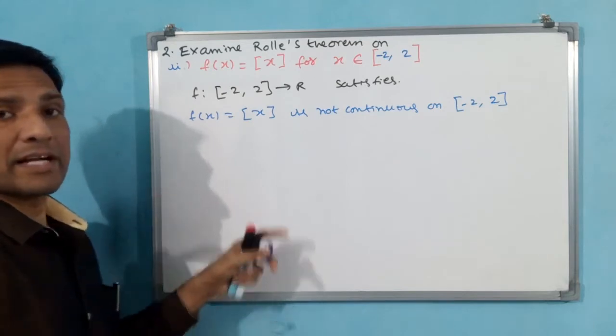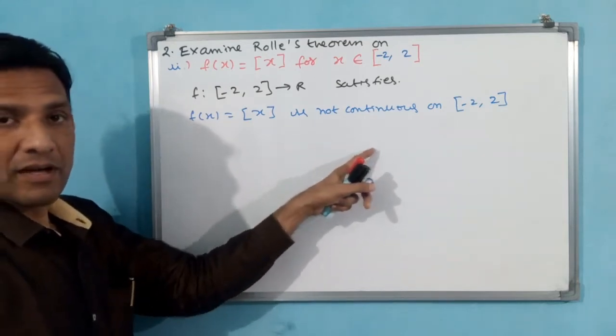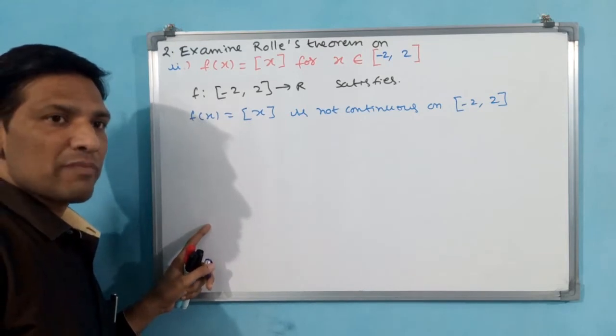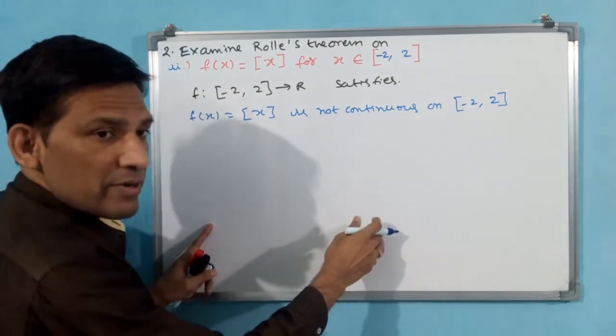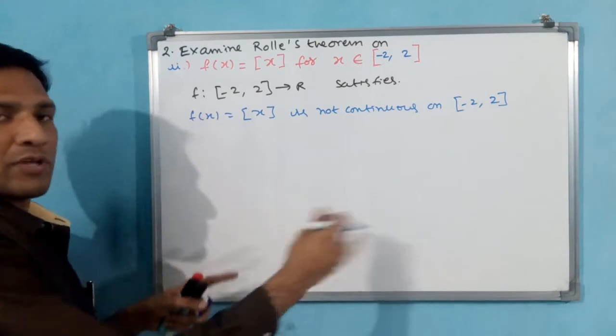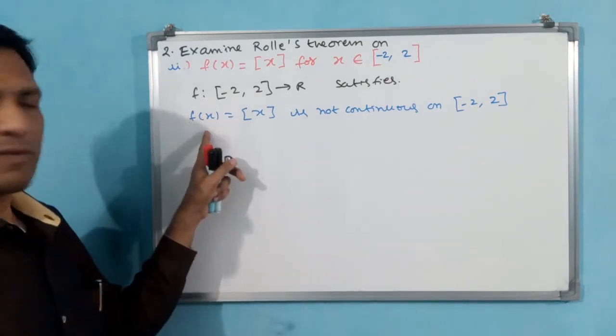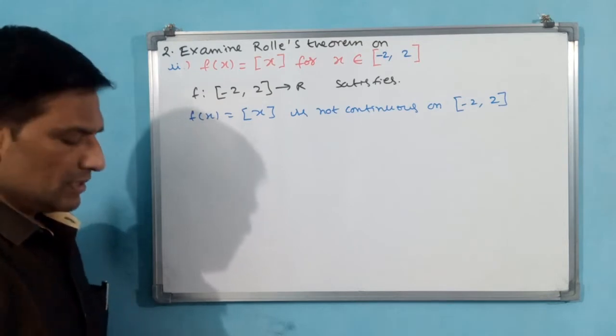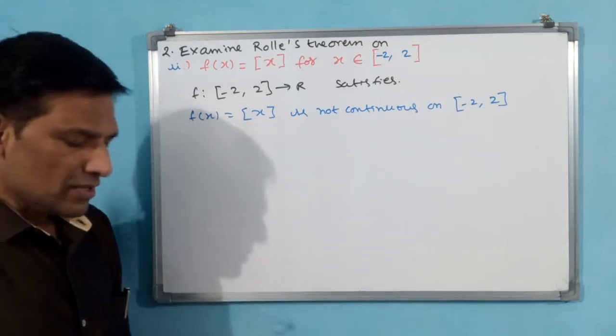Okay, the left hand limit and right hand limit both are going to become different. At minus 1, the left hand limit is going to become minus 2, the right hand limit is going to become minus 1. Both are not equal. That is why the greatest integer function is not continuous, like we have already seen.